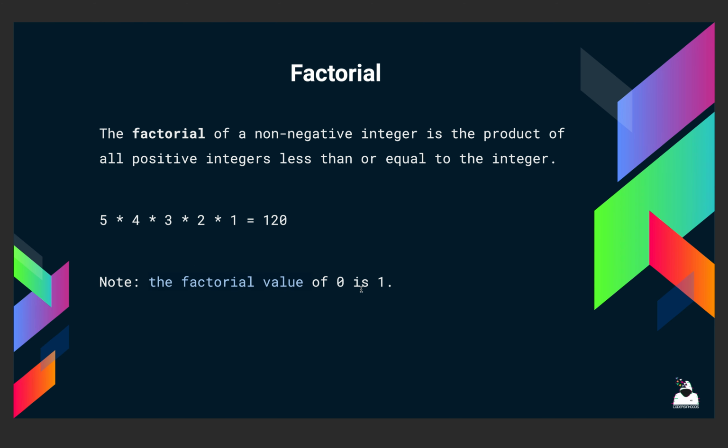Factorial of 0 is 1, and I believe if you try to use factorial on a negative integer, it'll be just -1, or we will just ignore it. But yeah, we'll be trying to implement this.